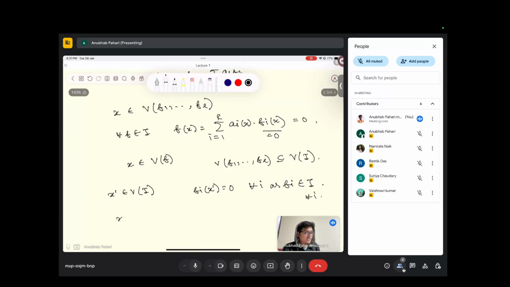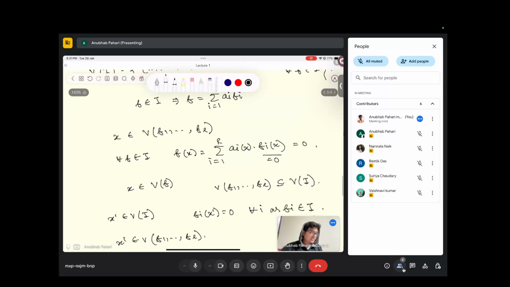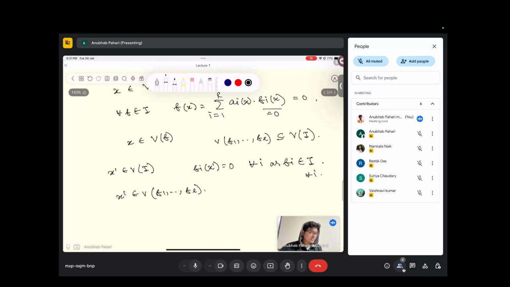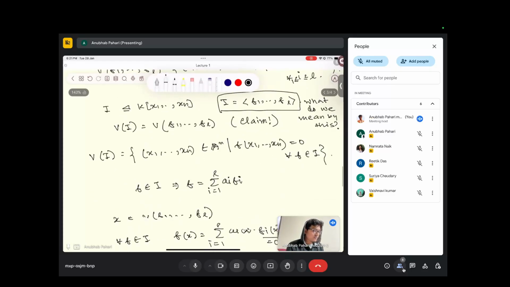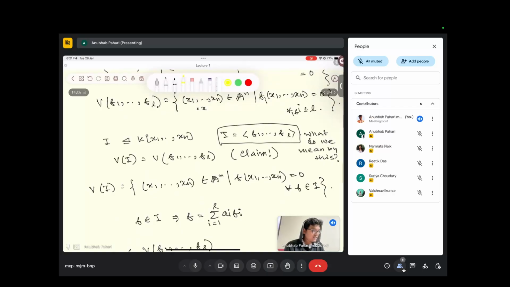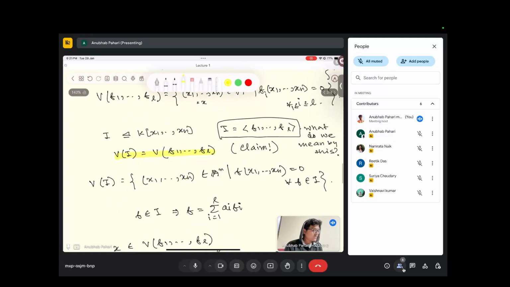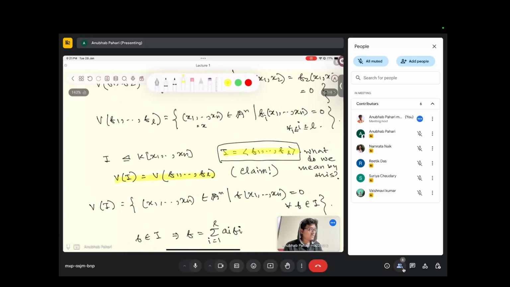So yes, x dashed should be in V(f1, ..., fL). So these are all routine checks, but I'm saying these things so that you can get familiar and get hold of the basic facts.